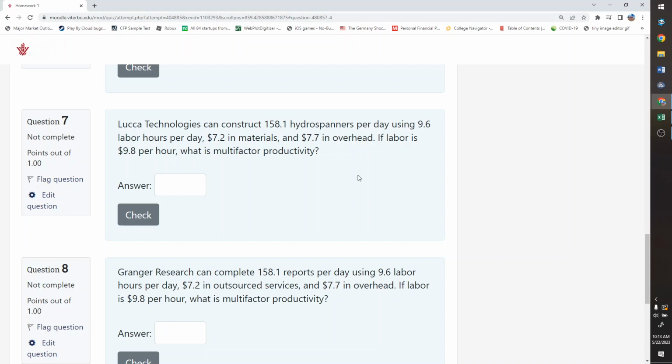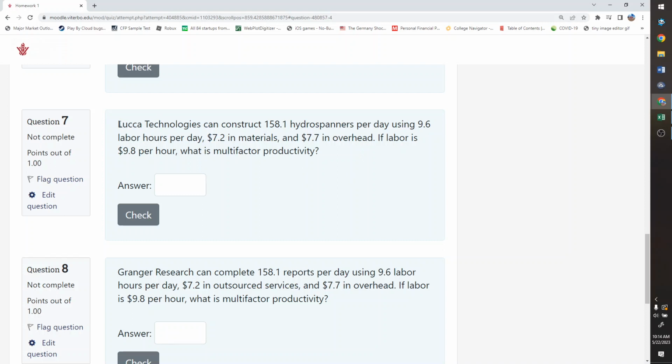Well, those aren't the same units. So what do we do? For multi-factor productivity, we're almost universally working in dollars, right? So we need to do the dollar equivalent labor and the dollar equivalent materials, and then we can figure out production per input dollar.